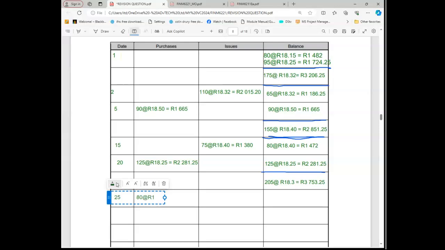At 18 rand 75. And the amount is 1,500. Then you're gonna take that balance and put it under the balance column.